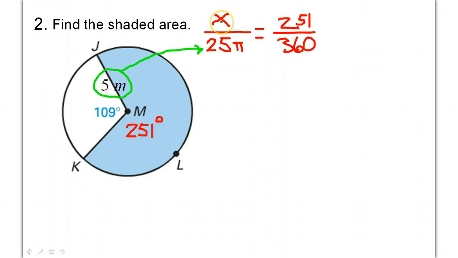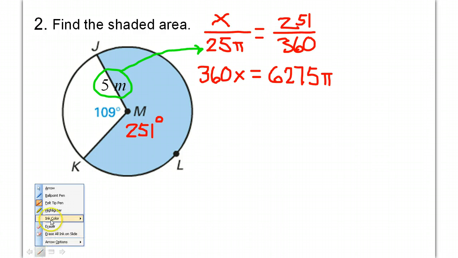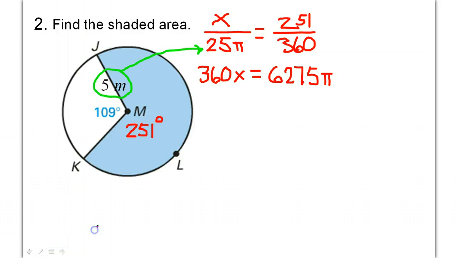360 times x equals 25 pi times 251. That gives us this. Now it's time to divide by 360 on both sides.